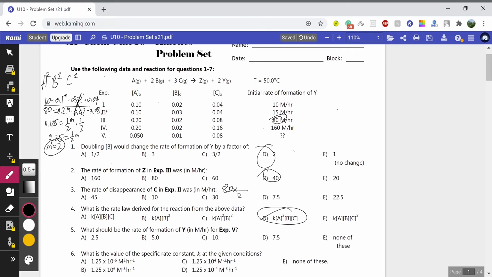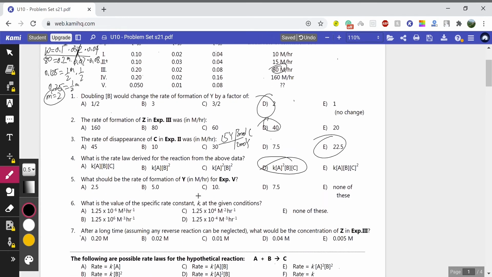Oops, sorry, it said experiment 2. Experiment 2 will have 15 for Y. For every 2 moles of Y, we have 3 moles of C. So 15 divided by 2 times 3 gives us 22.5. Our answer is E.